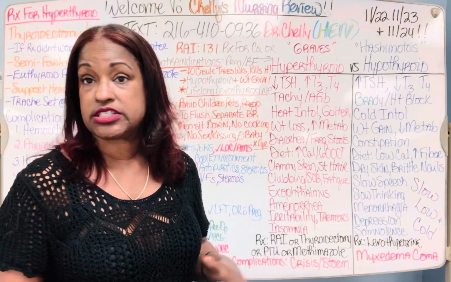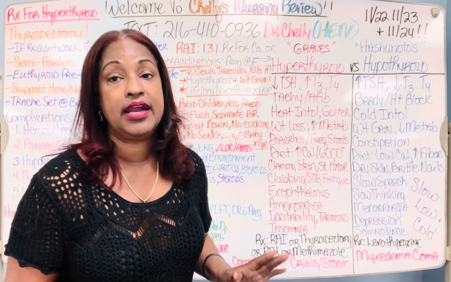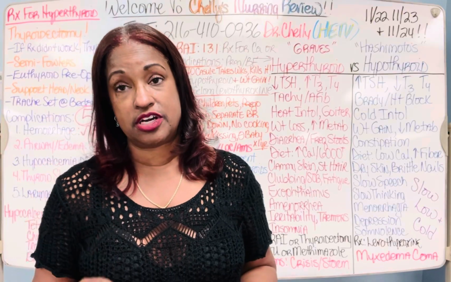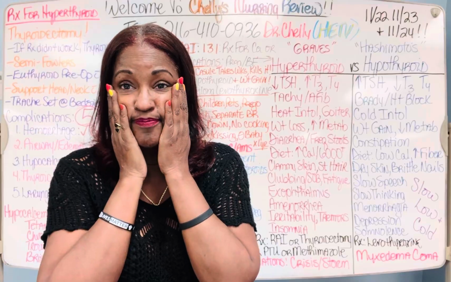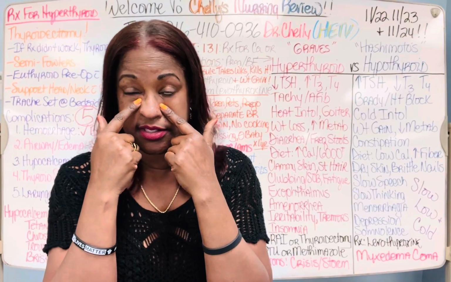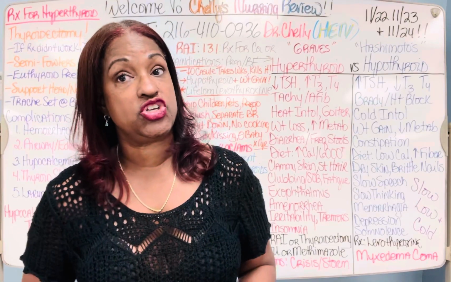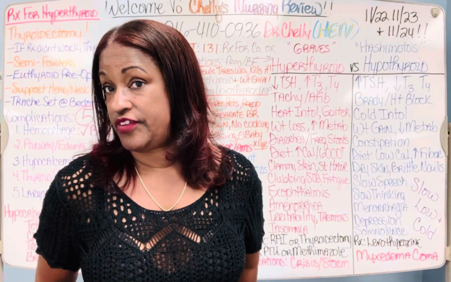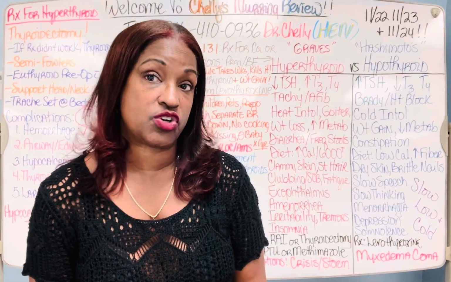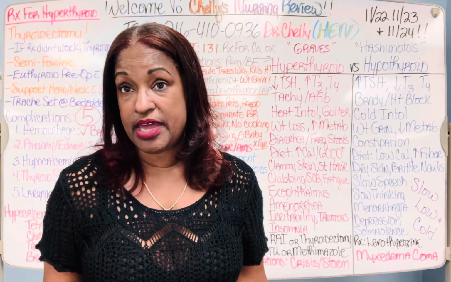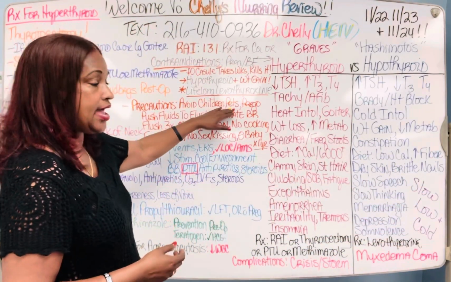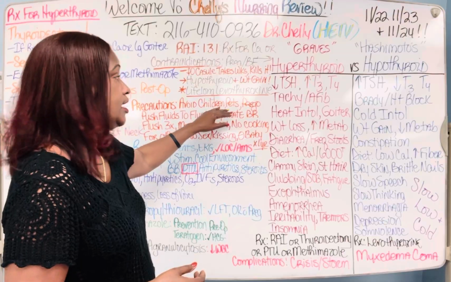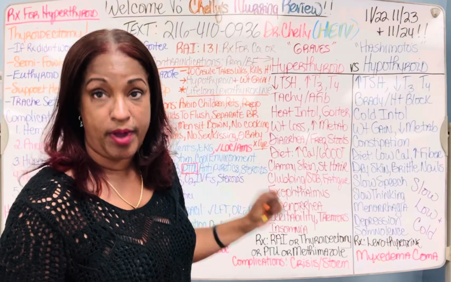So no hugs, no kisses or anything like that, because this radioactive material is in saliva, it's in your sweat, it's in your tear ducts, your tears, it's in your urine, it's in your feces, it's in vaginal secretions, it's in semen, it's everywhere. So stay away from pets, children, and pregnant women.